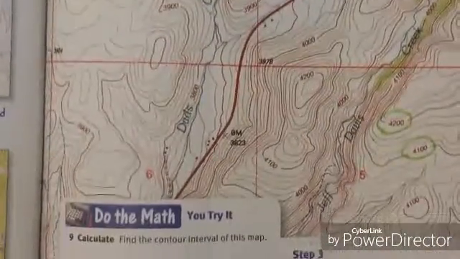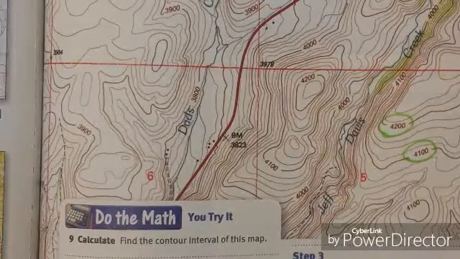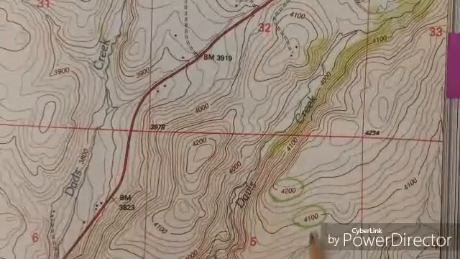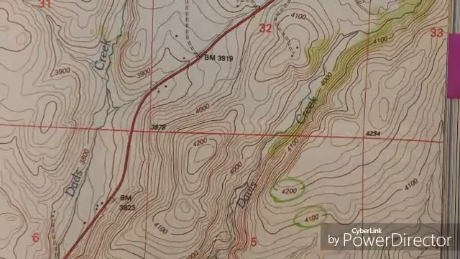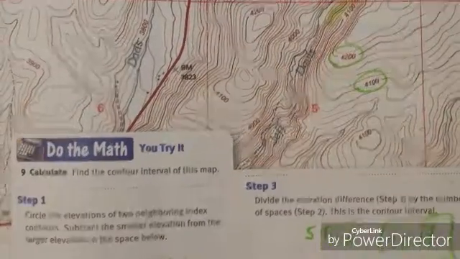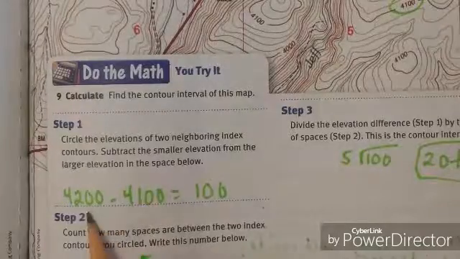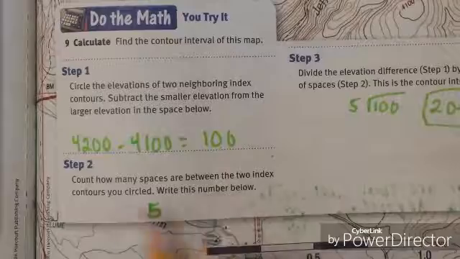On the next one, you needed to circle the elevations of two neighboring index contours. I chose 4200 and 4100. These are index contours because they're the darker lines. Subtract the smaller elevation from the larger elevation in the space below. You could probably do that in your mind, but it's 100. Count how many spaces are between the two index contours you circled. Write this number below.